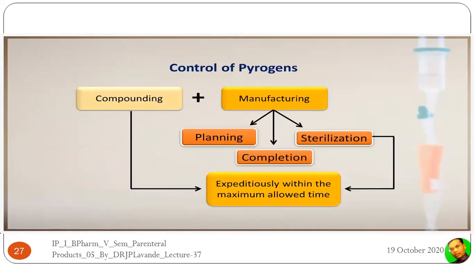So we need to control the pyrogens at both stages, at the compounding stage as well as at the manufacturing stage, right? So we require careful planning. We need to complete the process as soon as we start on the same day, carrying out compounding and manufacturing.